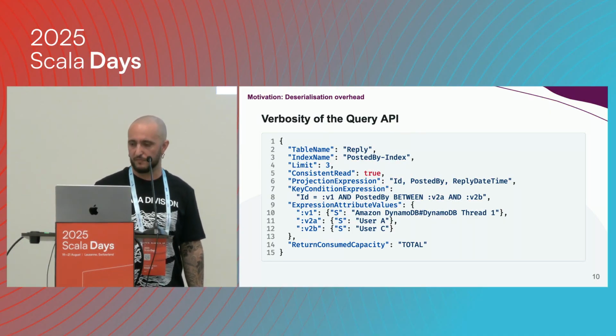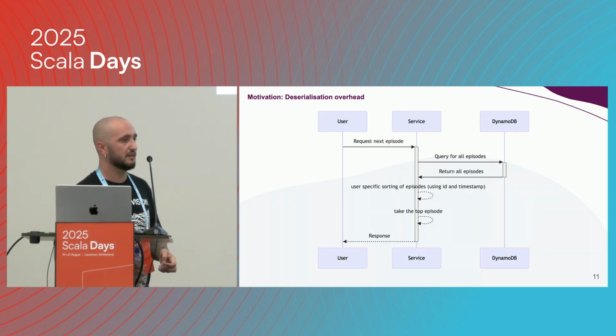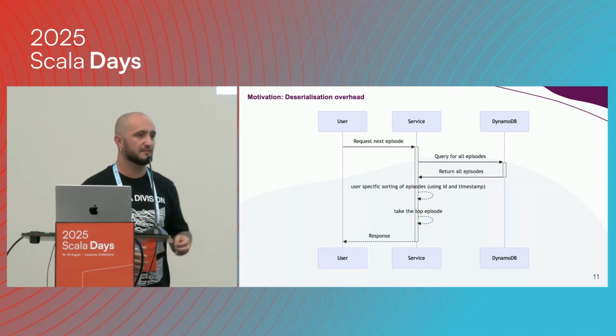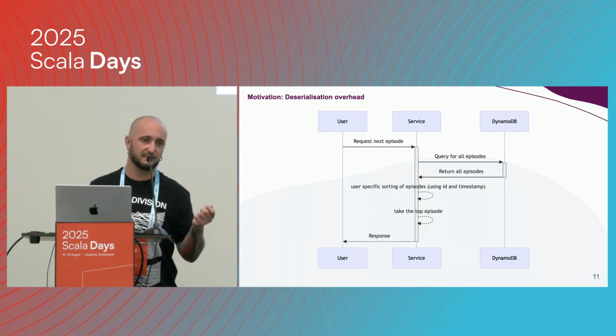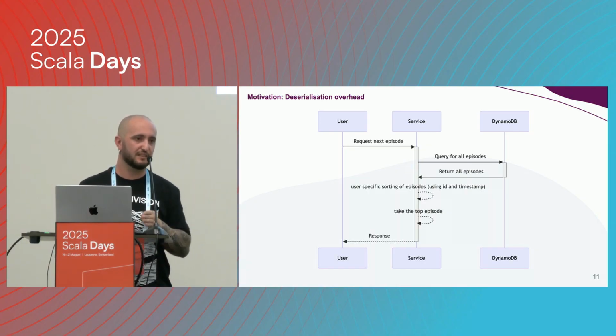So let me give you an example of what I'm talking about when I say deserialization overhead. Let's say we have a user that is requesting an episode, and he wants the next episode, but the next meaning the next that makes sense for him, not exactly the next in a fixed sequence.